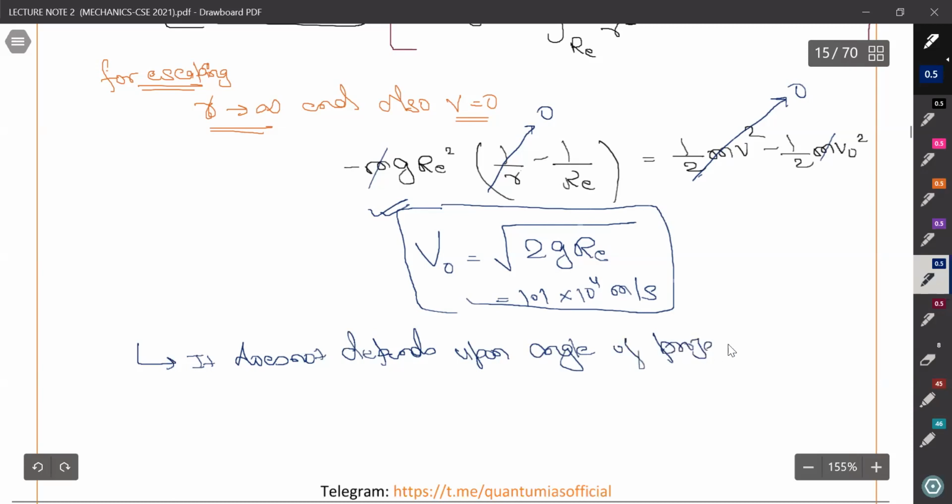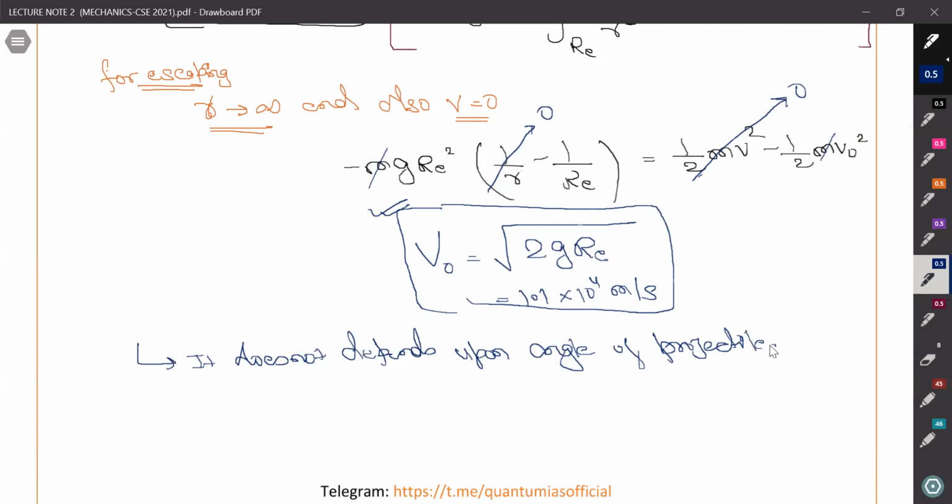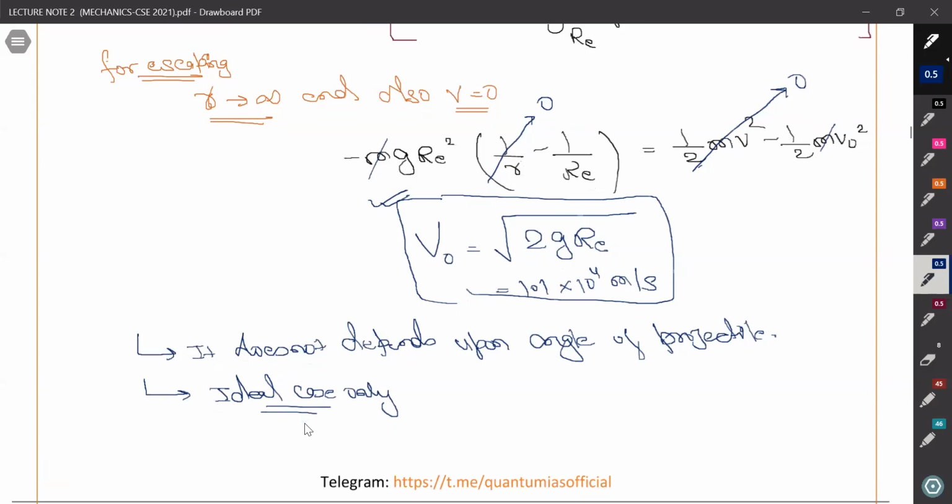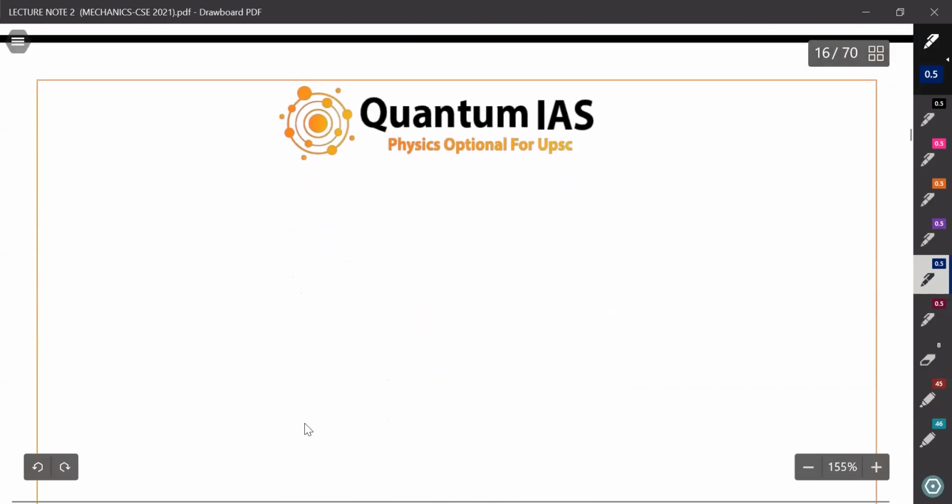So this is a very important and helpful thing that the work energy theorem can give us. Also, we have neglected earth rotation in our analysis. So this is basically the ideal case only. We will see the real case also, but this is the truly ideal case that we are trying to achieve.